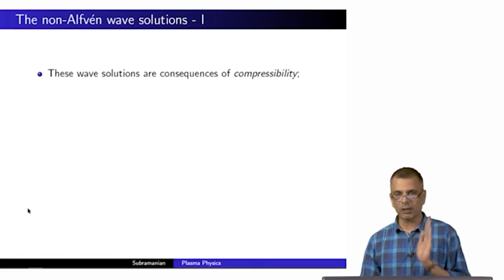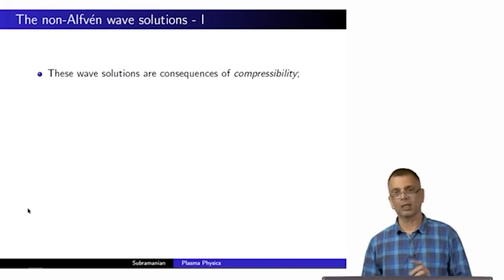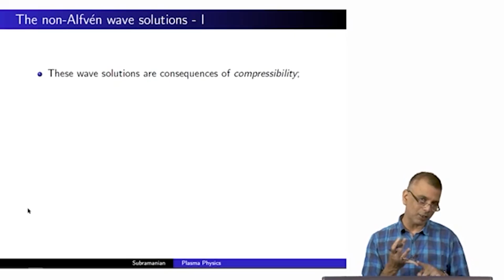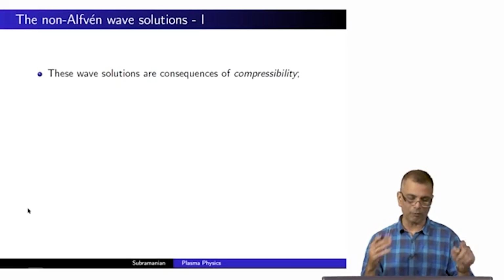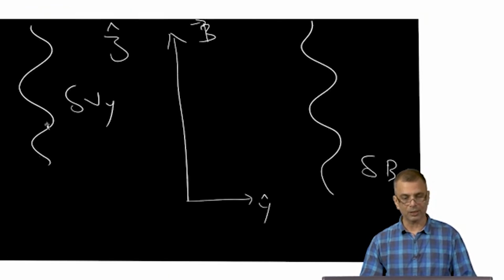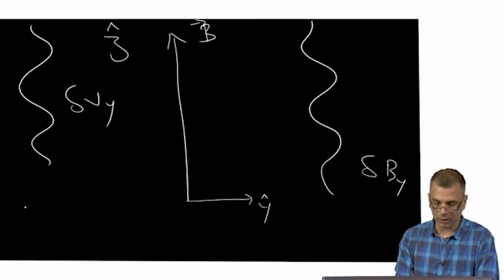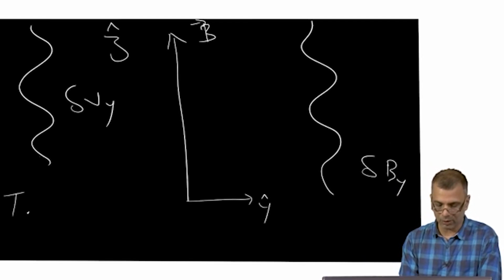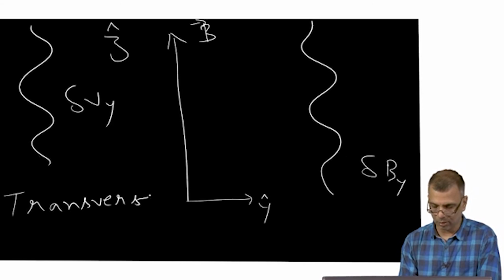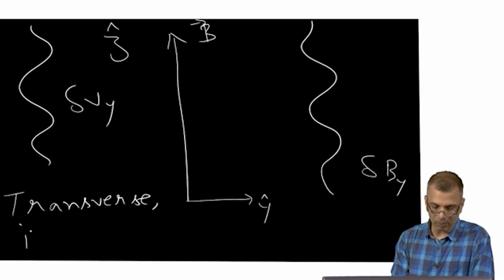They represent a particular kind of wave which is transverse, in other words, the velocity and the magnetic field perturbations are transverse, like this, right? And they involve no delta p and delta rho, so they are incompressible.